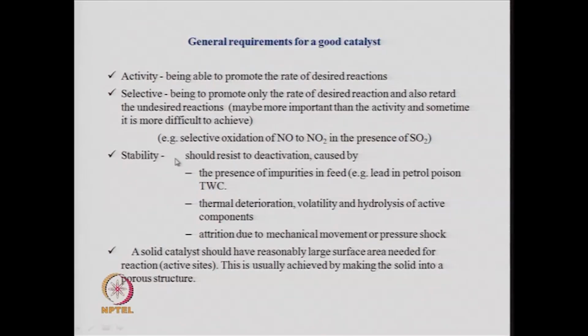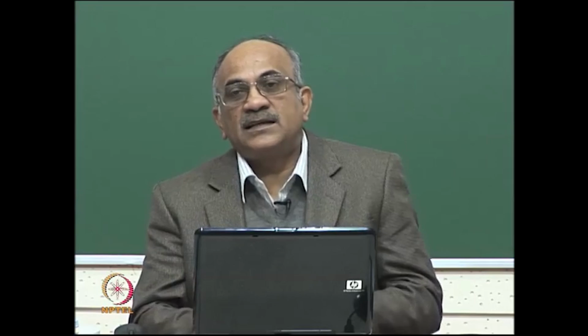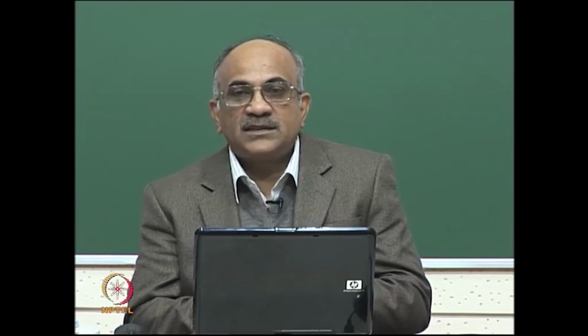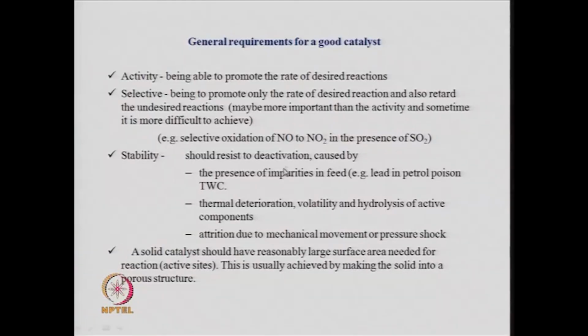Then the catalyst itself should be stable, because you want to use the catalyst for several hundreds or thousands of cycles. So, the catalyst itself should be highly stable. It should resist deactivation, which is caused by impurities. For example, lead in petrol can poison.